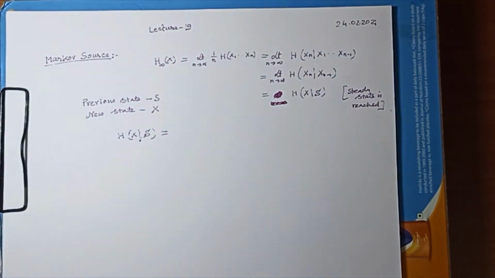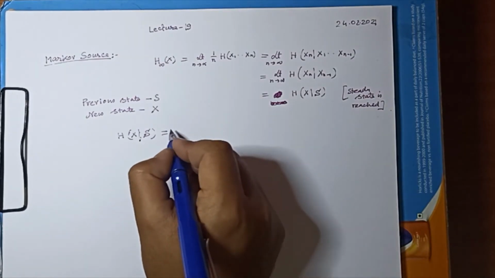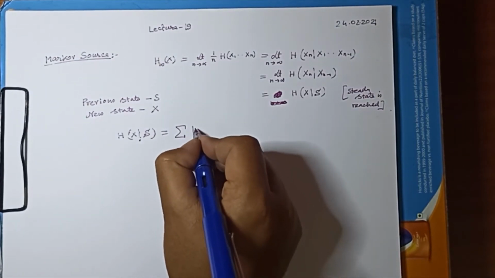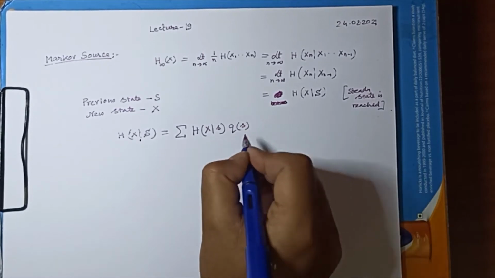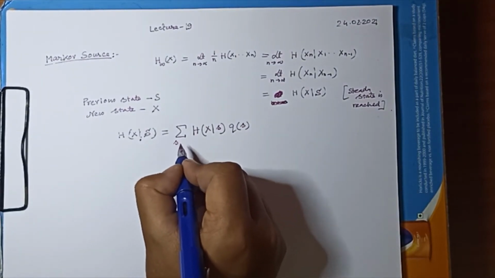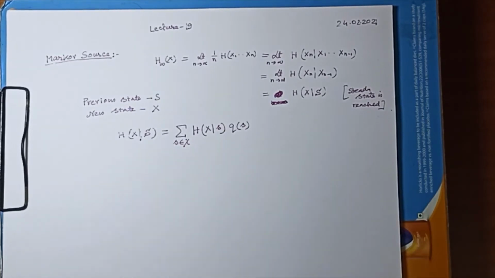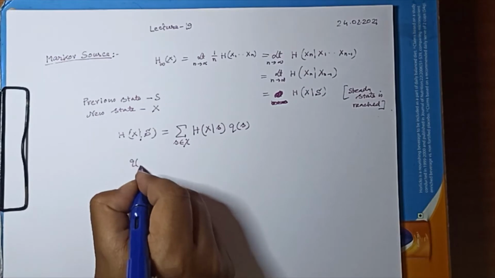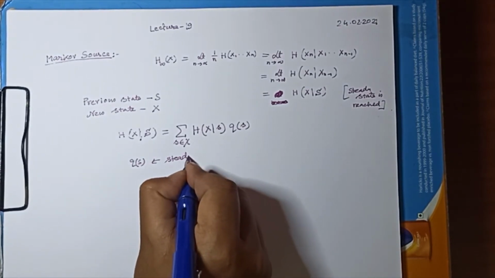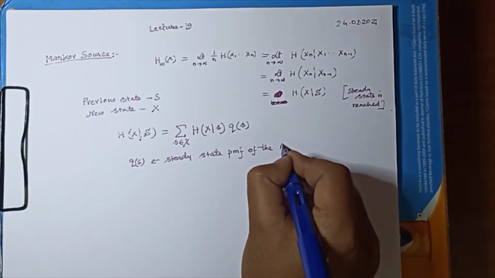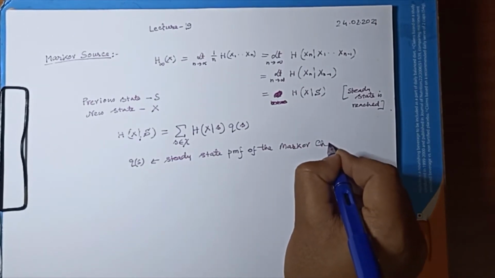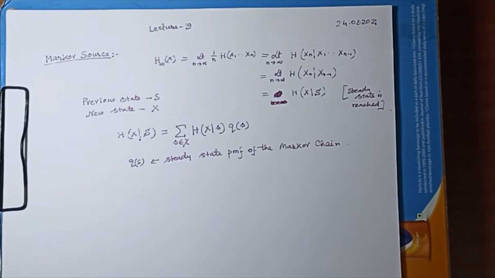It is essentially the summation over all s of H of X given one state, into the probability of that state, Q of s, where Q is the steady state distribution, the PMF of the Markov chain. You know how to compute this Q of s. We discussed this earlier while talking about Markov chains.